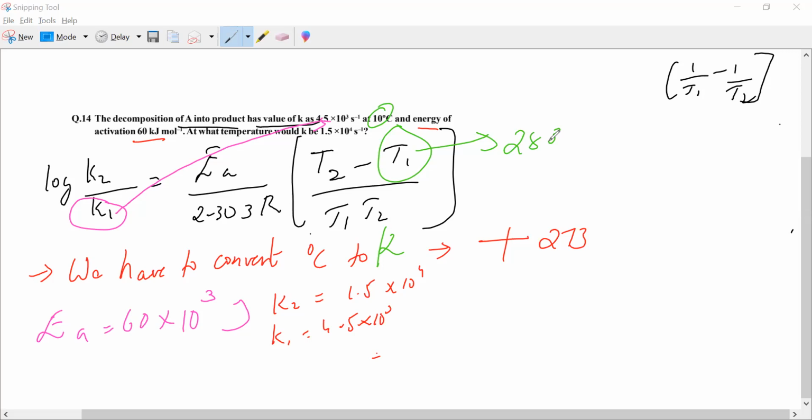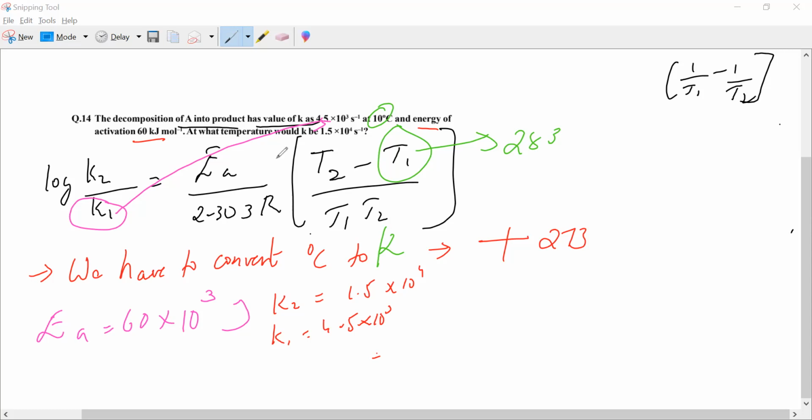What is my R value? 8.314. I think everyone knows the R value here. So kindly substitute and let me know the answers.